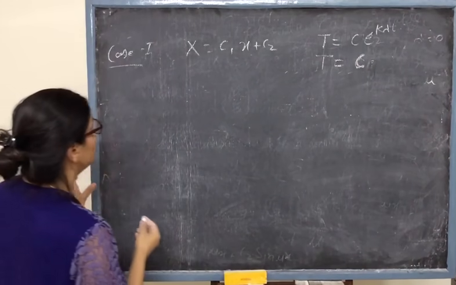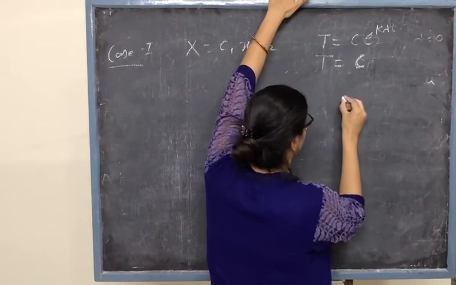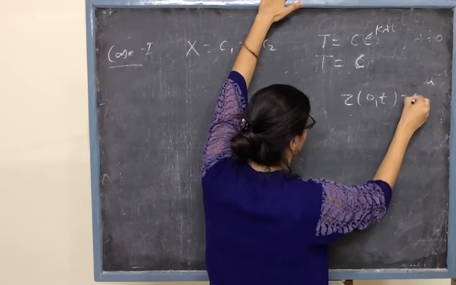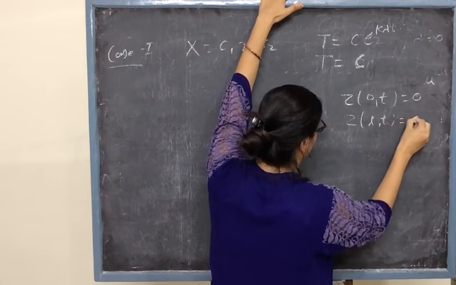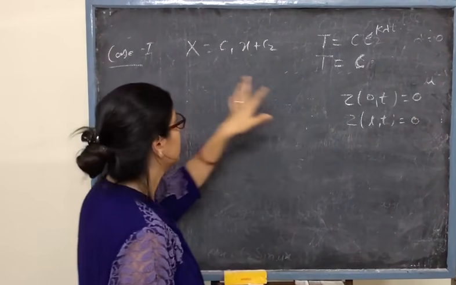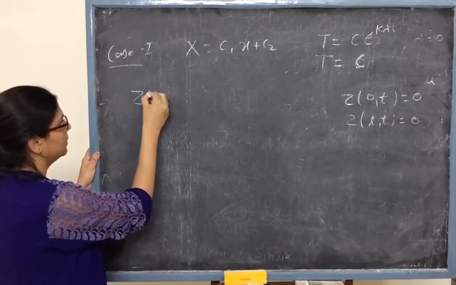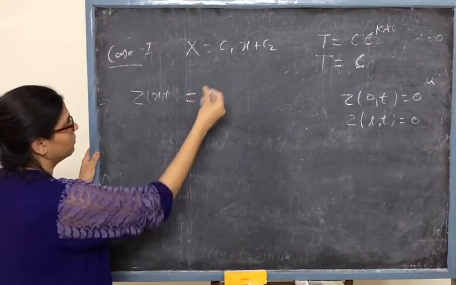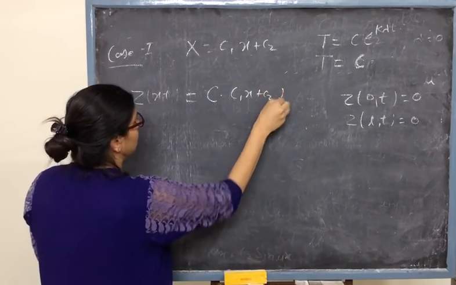Now putting our boundary condition. What is our boundary condition? z of 0, t equals 0 and z of L, t equals 0. Putting these values here, z of x and t is a multiplication of these, so it can be written as c into c1x plus c2.